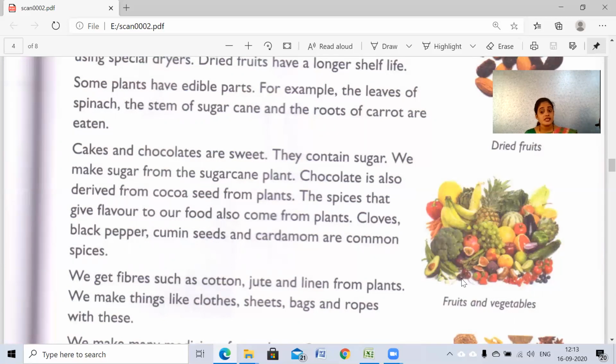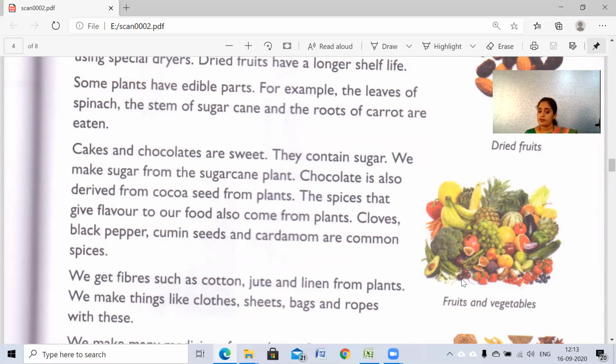Isn't it, children? See here, from this we came to know that from plants we get sweet or sugar, especially from the sugarcane plant. We get cocoa, which is used to make chocolate, obtained from a plant.